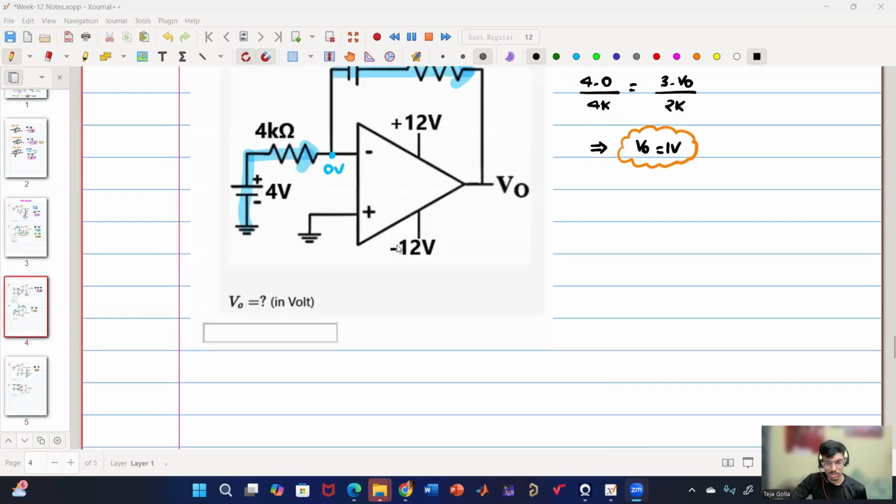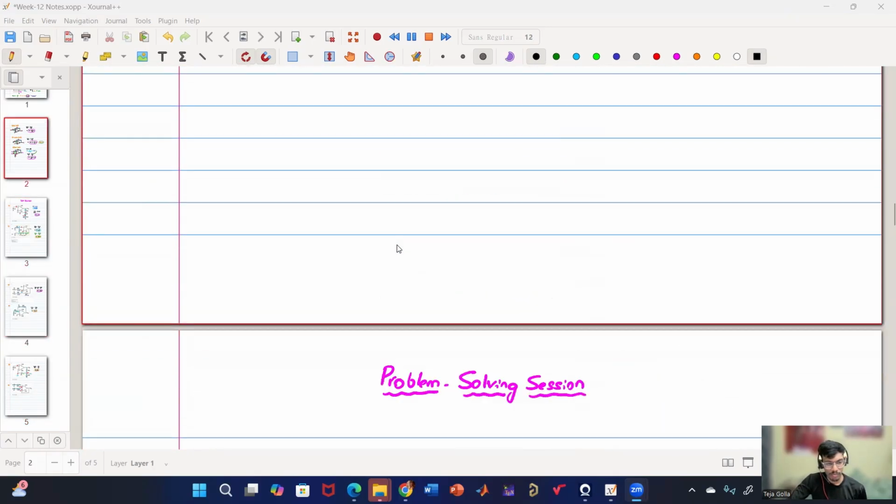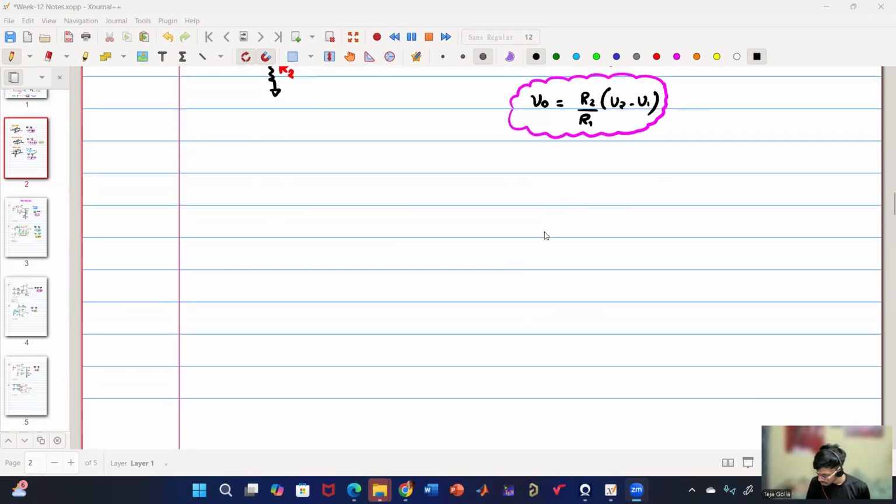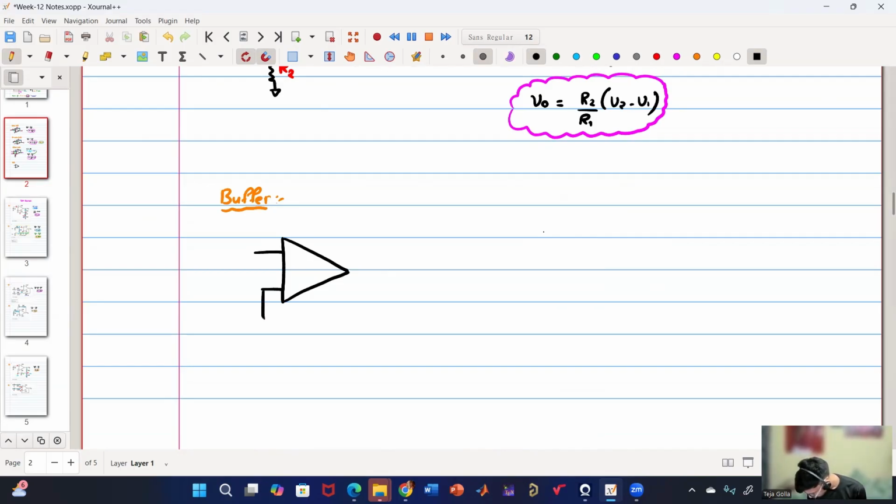Okay, maybe just to clear your confusion, I'll add one more circuit here, the non-inverting amplifier, also called the unity buffer or buffer. So what happens in this is, this is plus, this is minus, this is VI, this is VO.